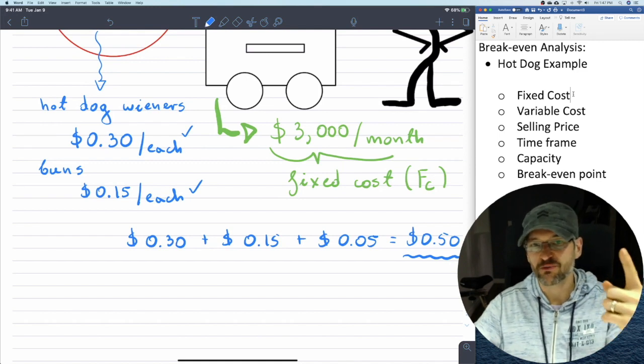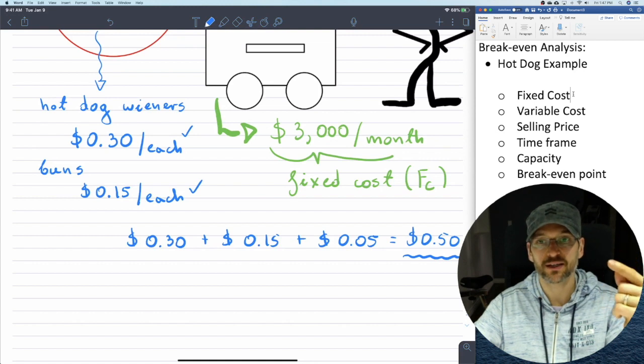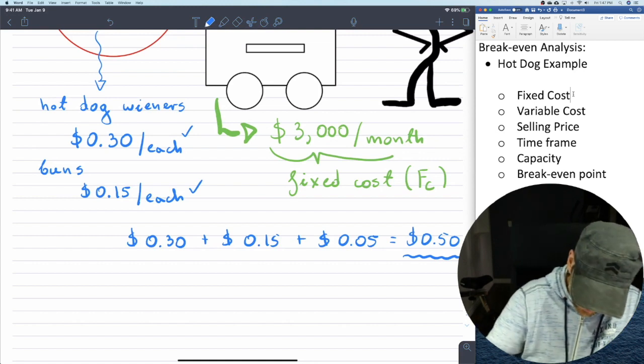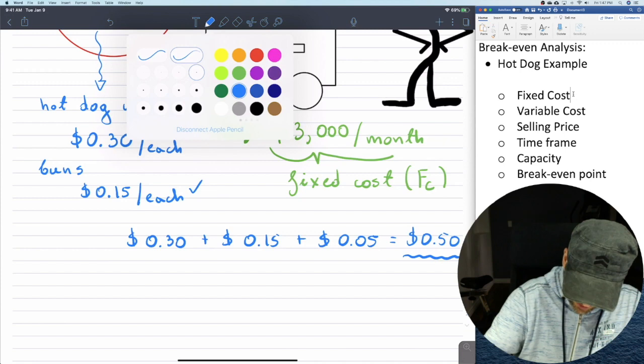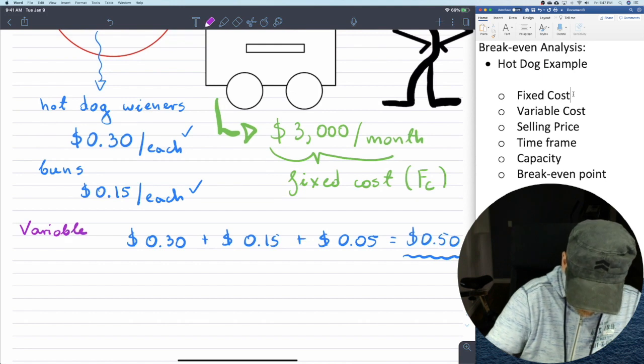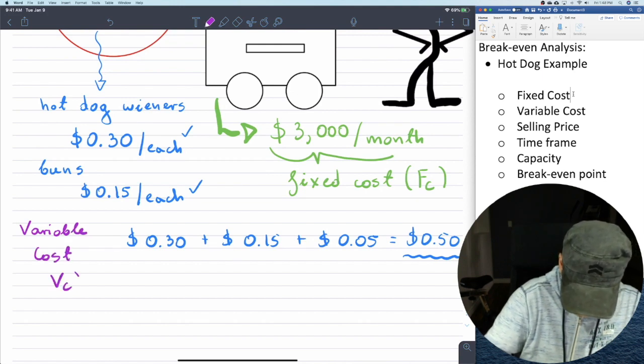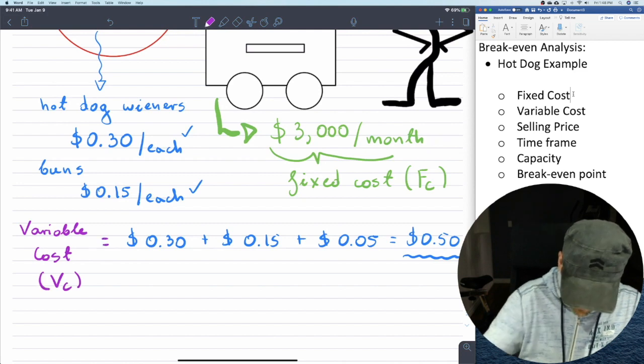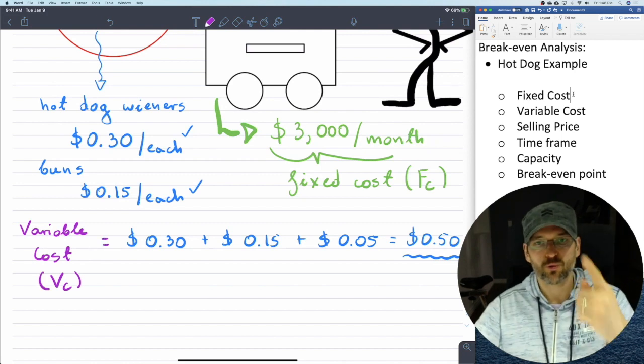It is not per month, it's not per time frame. It is actually per one. What we refer to this as, in terms of our costs, is a variable cost per one unit, and typically you'll see this as VC. That's the variable cost per one unit.